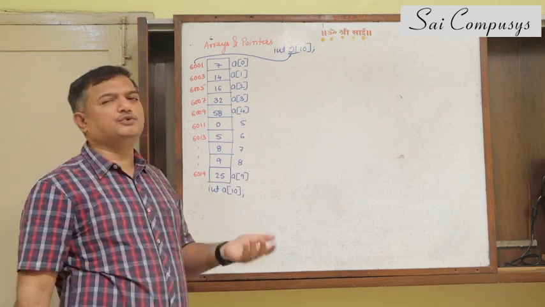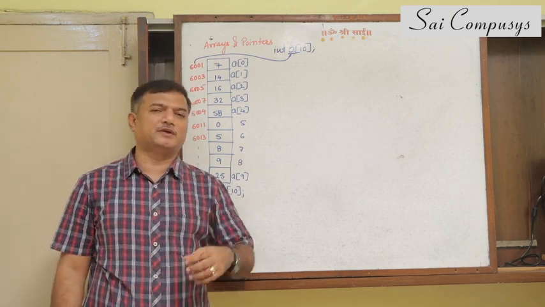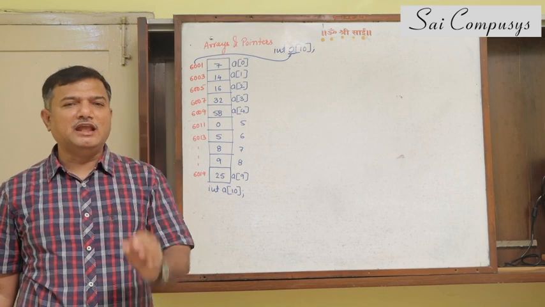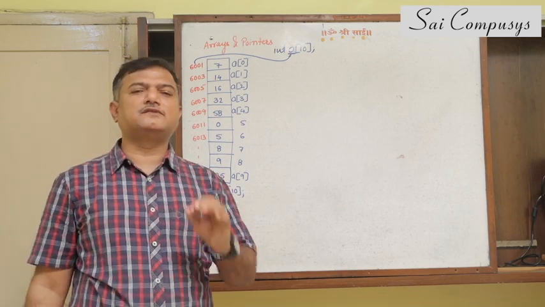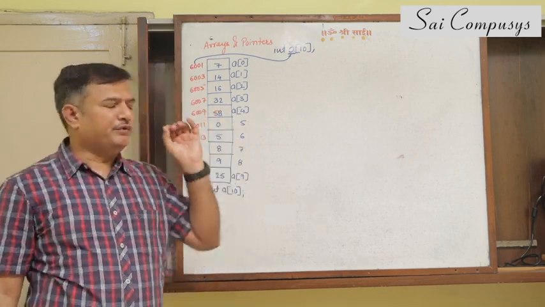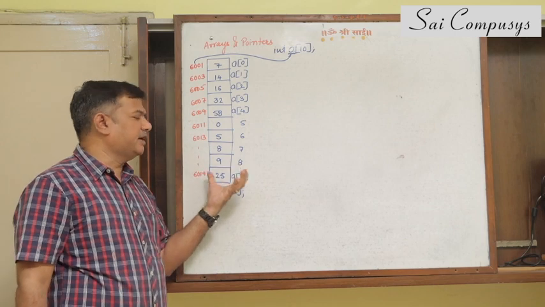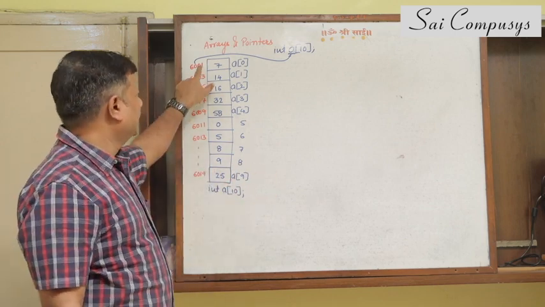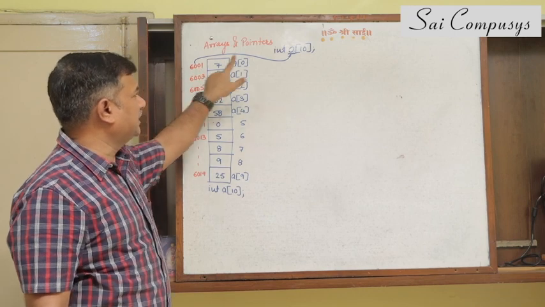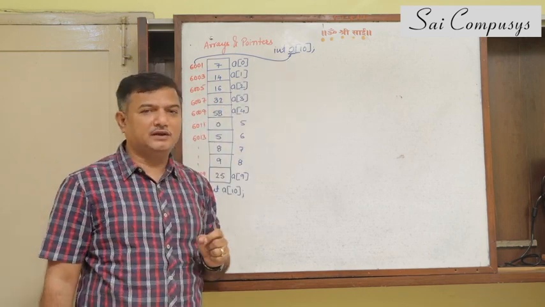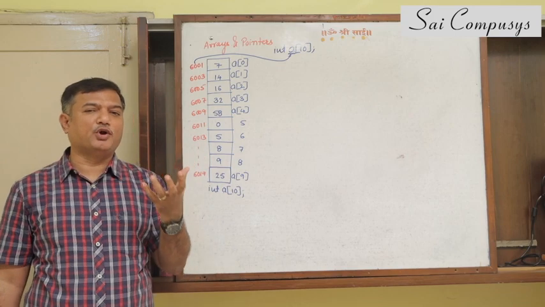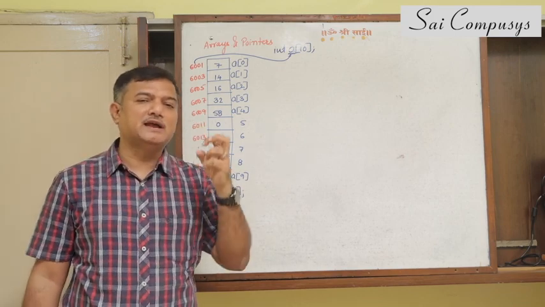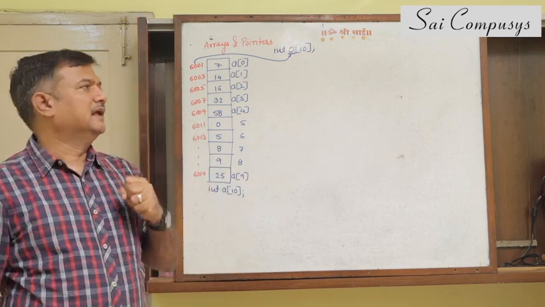You may choose to use it, you may choose to ignore this fact, but it remains that the name of the array will always contain the starting address. Wherever this array may get created, be assured that the name of the array will always contain the starting address of the array. So internally, basically it's a pointer variable which contains the address of an array.